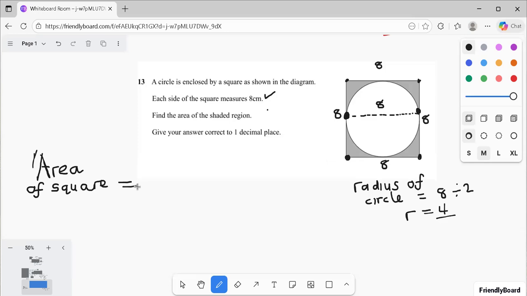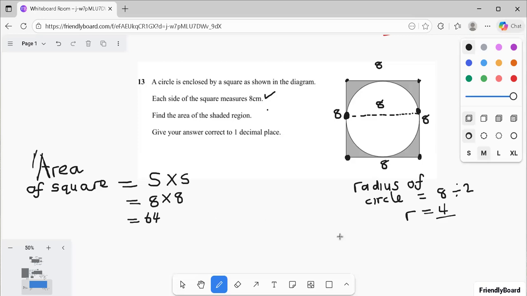You know that the area of a square is side times side. That's the area of the square formula. Each side is 8, so it's just going to be 8 times 8, which is going to be 64. So I found the area of the square, okay, which is fine.